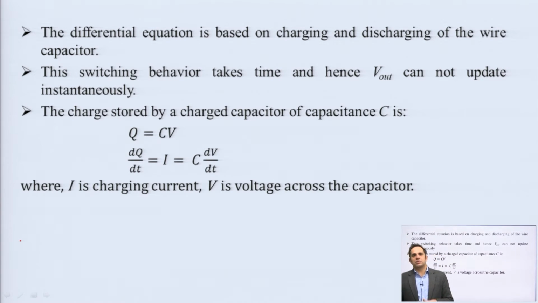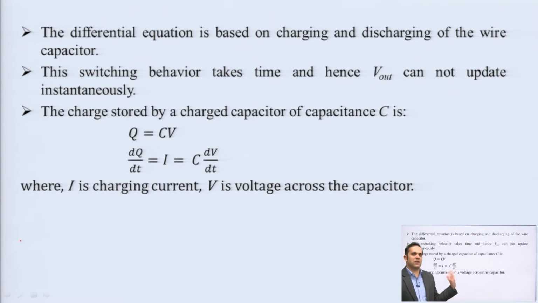Okay. So, the charge which the wire capacitance is holding can be written as Q equal to C V. This is already a very well known equation. So, charge is proportional to the amount of voltage which is present across the plates of a capacitor, and the proportionality constant is the capacitance. It basically measures how much charge the capacitor can hold.